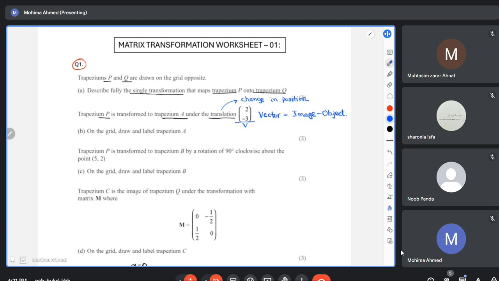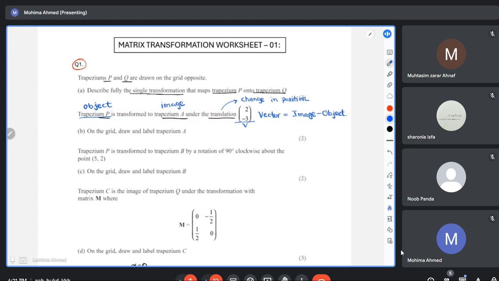This is your object because originally P was there from the start. So this is your object and P was transformed to A. You need to understand which structure was there on the diagram at first. P was at first, so P was your object. P was modified to trapezium A. In that case, this is your image, right?